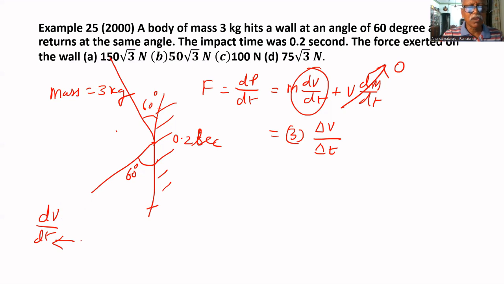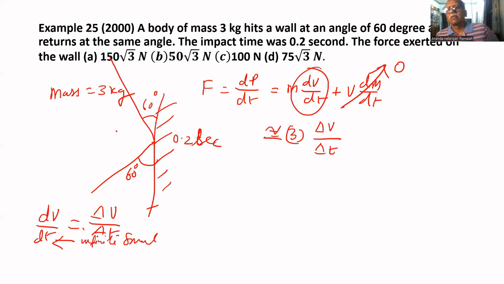But this is infinitesimally small, and it can be approximated to delta v by delta t. It is an approximate value. What is the time given? 0.2 seconds is given.